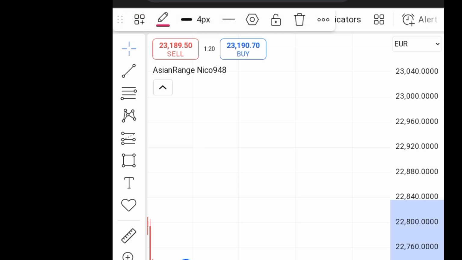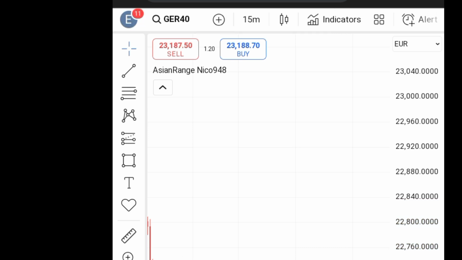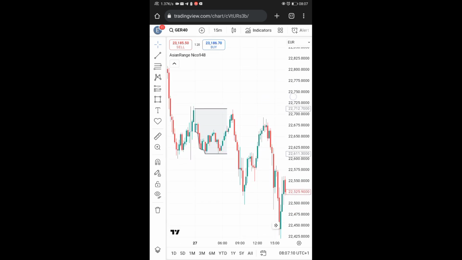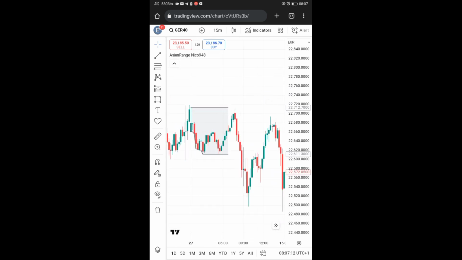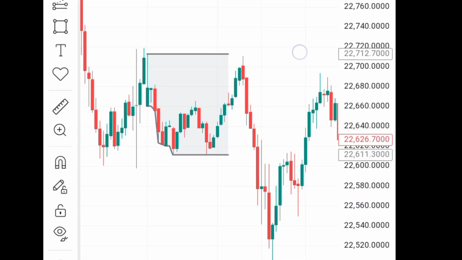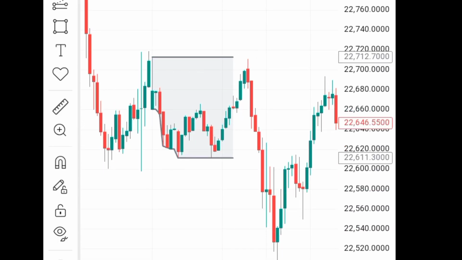Since my H1 was bearish, once I click and enable that indicator, you don't need any setting at all. The only thing you are looking for, since your H1 is bearish, is this box.